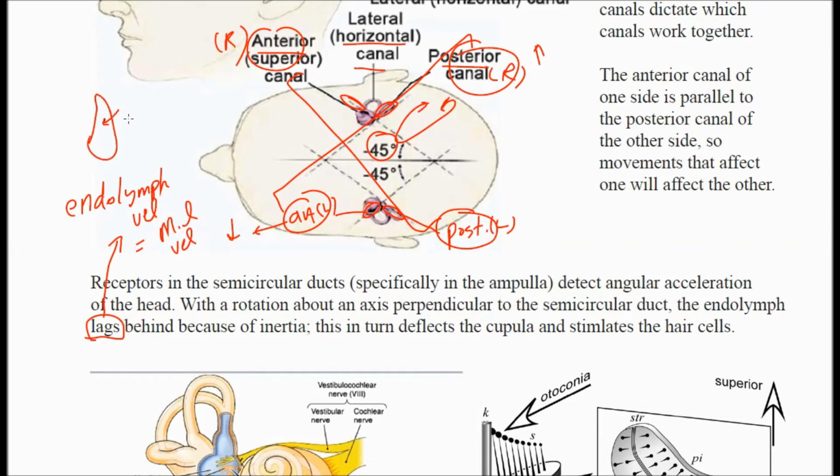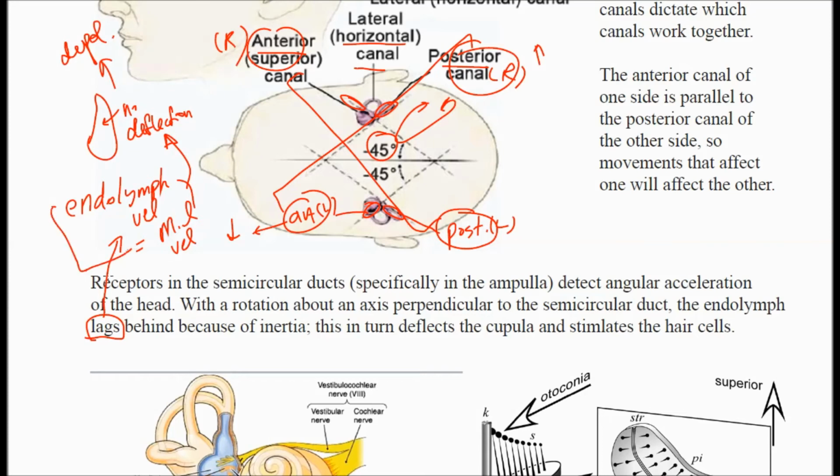So let's say no deflection in the cupula. And when there's no deflection in the cupula, there's no movement in the stereocilia, thus the mechanically gated channels will stay closed and there will be no depolarization.